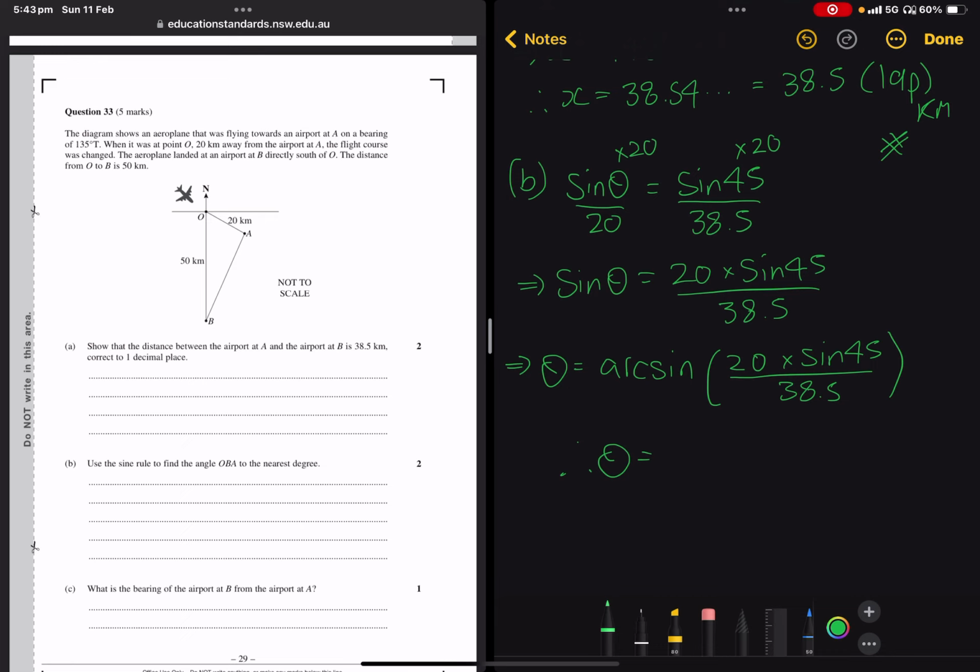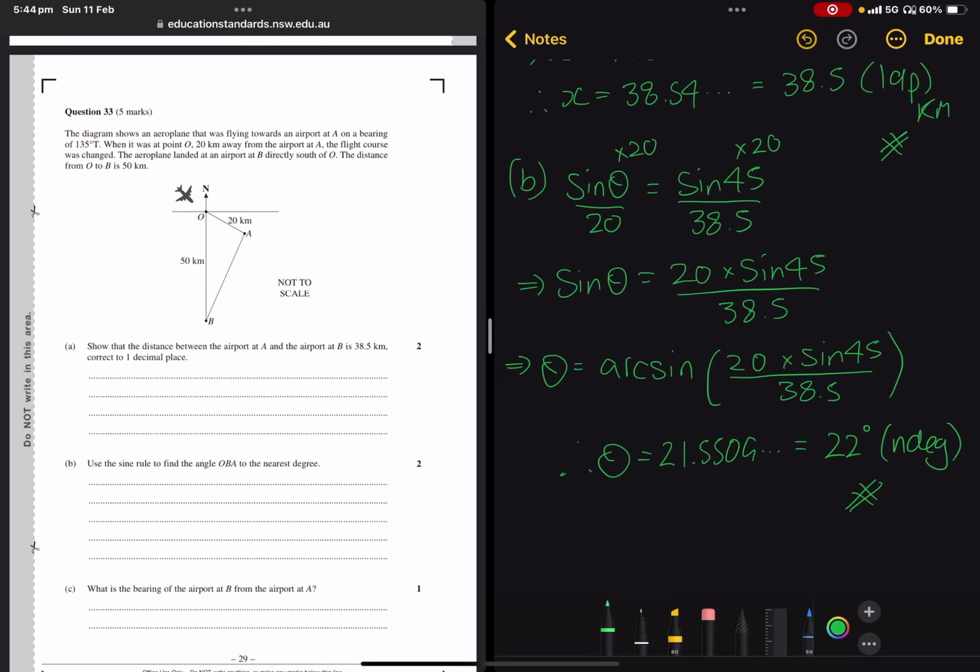That gives me 21.5509... So it does say nearest degree, so we'll press our degrees, minutes, seconds button on the calculator. 21 degrees, 33 minutes. 33 minutes is more than 30, so it rounds up. So this is going to be 22 degrees to the nearest degree. And we can also see that from the 21.55, 55 is closer to 100 than it is to 0, so this would round up either way. So this is part B.